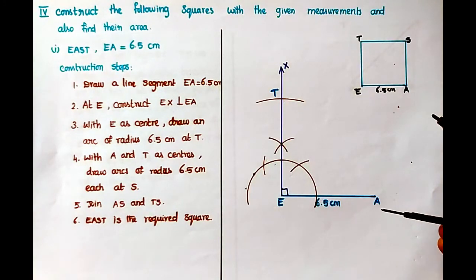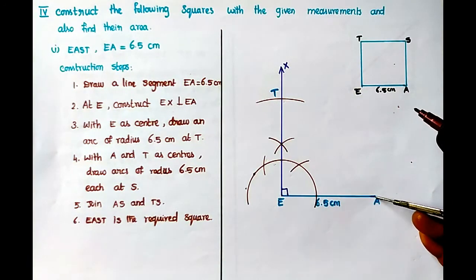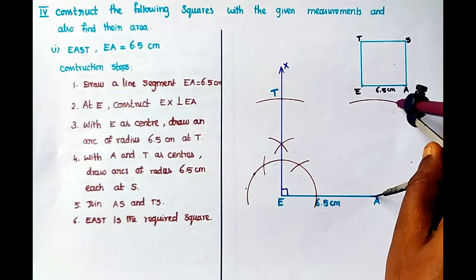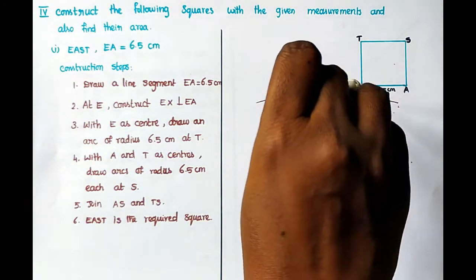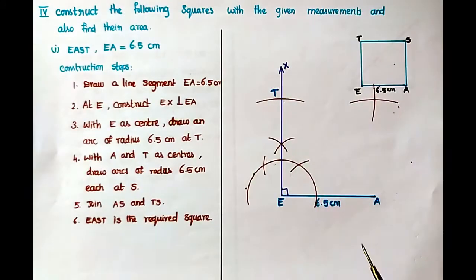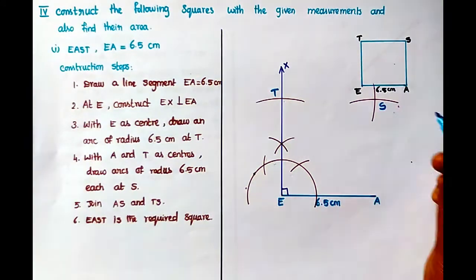So take the same measurement with A as center, draw an arc, and then T as center with the same measurement, draw an arc to cut the previous arc at S.